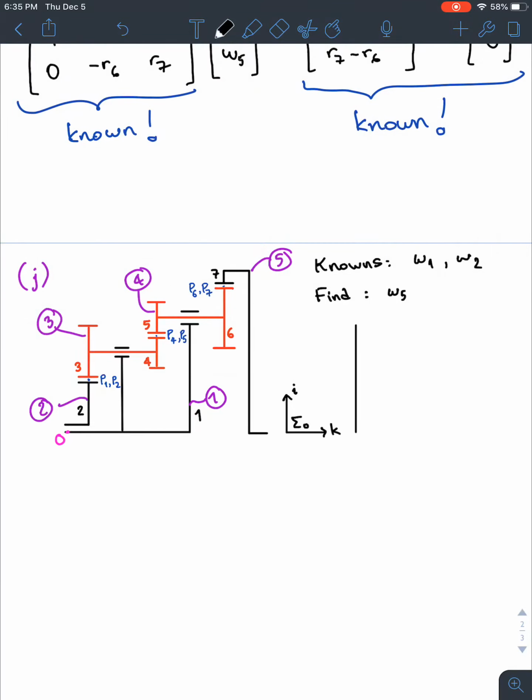What are our constraints, right? The constraints are that the velocities of P1 and P2, actually let me call them P2 and P3, not P1 and P2.